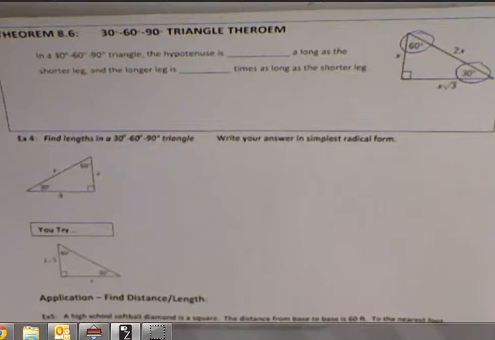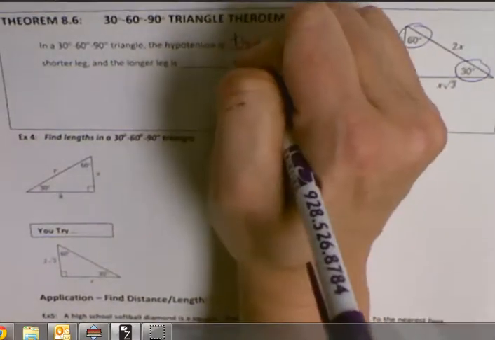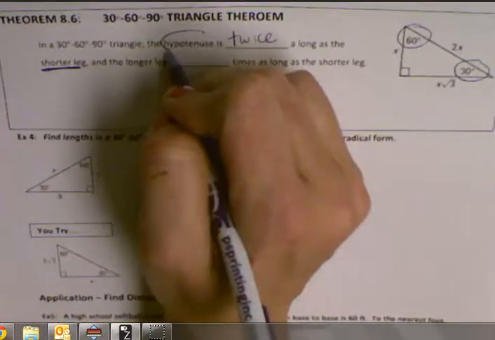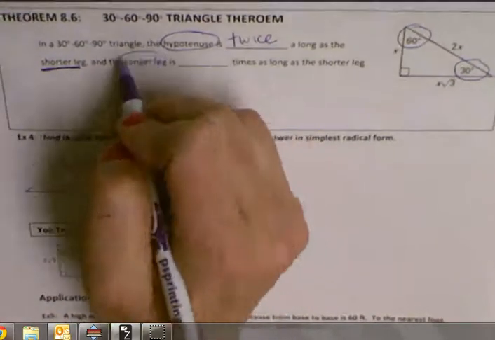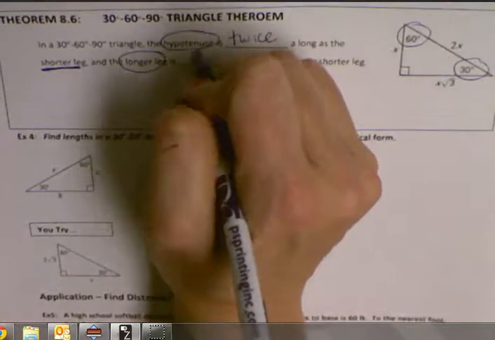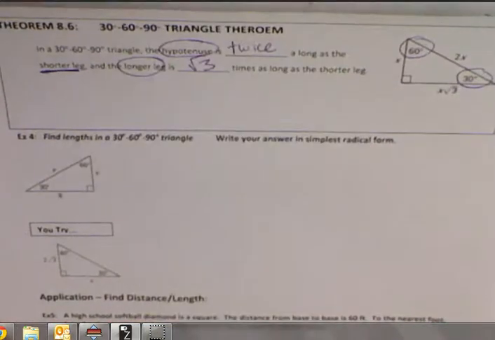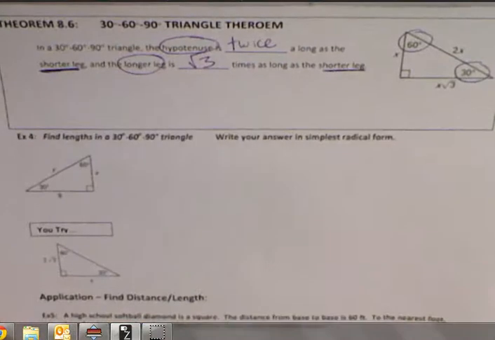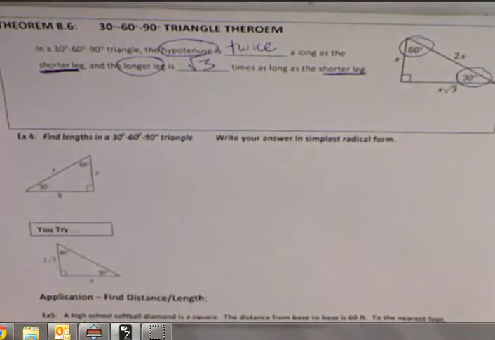So in a 30, 60, 90 triangle, the hypotenuse is twice as long as the short leg, and the long leg is rad 3 times as long as the short leg. So it's all in reference to the short leg. Now remember, hinge theorem tells us that the shortest leg is across from the smallest angle.